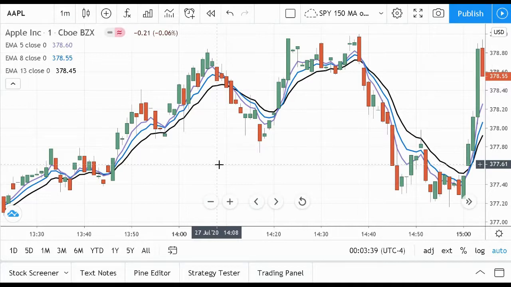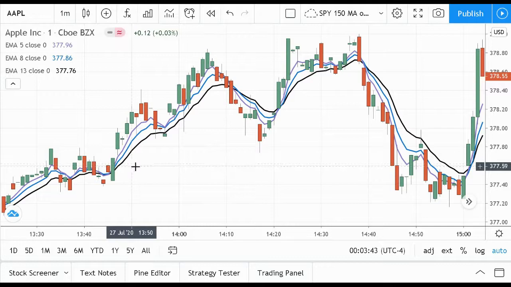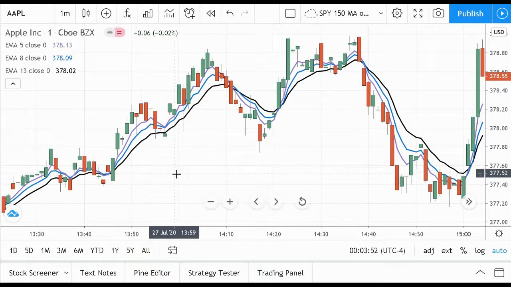If a candle is not above all 3 of them, that's basically bearish. So if the candle is below all 3 of them, don't go long, don't buy, because you'll be fighting against the trend, and I don't want you to do that with this strategy, all right?